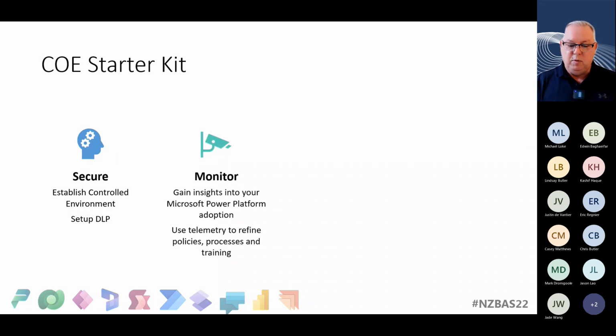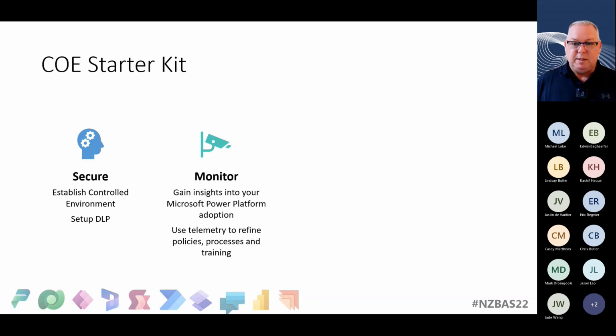Then from a monitoring point of view, and we'll have a look at a screenshot of that in a moment, we can gain insights into what people are doing. So how many apps are being built, how many flows are being built, how often the apps are being opened, what devices they've been opened on, when are the Power Automates running, what connectors are they using, when are they failing, who owns them.